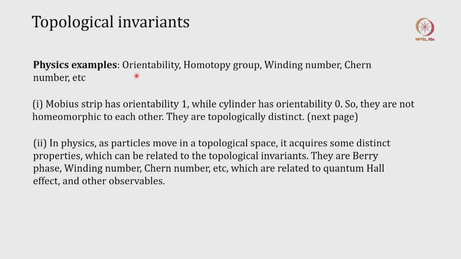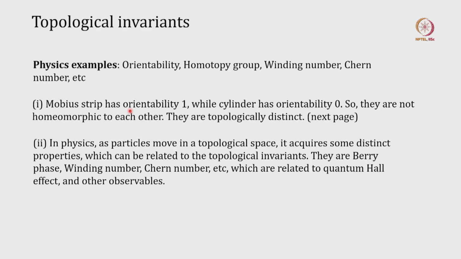As we started with a Mobius strip versus a cylinder, they have a different orientability, and let me talk about that. There will also be things like homotopy group, winding number, Chern number. These are the topological invariants that we can define for a given topological space, and if the winding number changes, then we know that the topological space has changed.